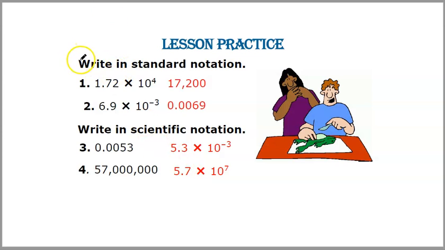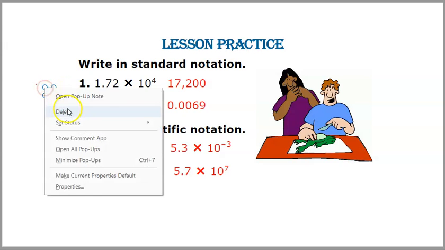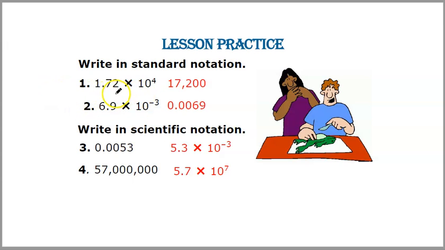Here's some practice. It says write in standard notation. Okay, so it says 1.72 times 10 to the 4th, and I got this, and so I'm going to just show how we did that here. We got 1.72.